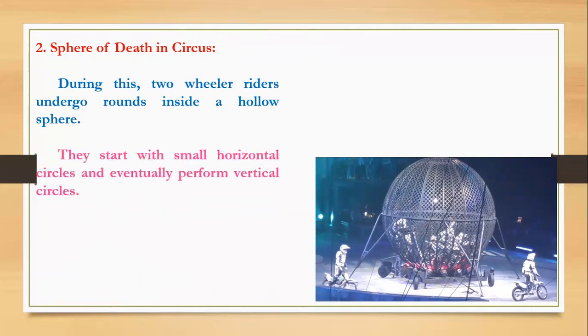Now pay attention here. During this, the two-wheeler rider undergoes rounds inside a hollow sphere. Initially, they start with a small horizontal circle, and then eventually they can increase the radius of that circular path as well as the speed, and then they can rotate.